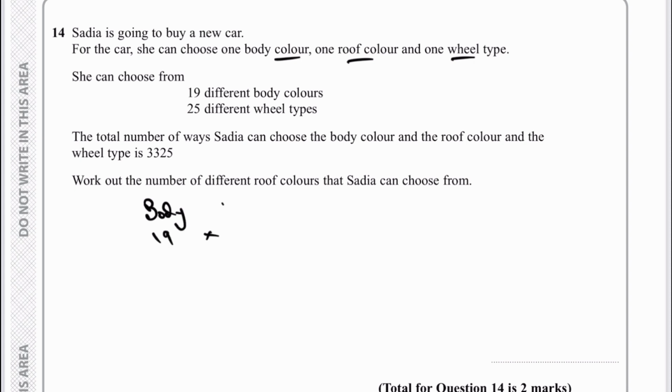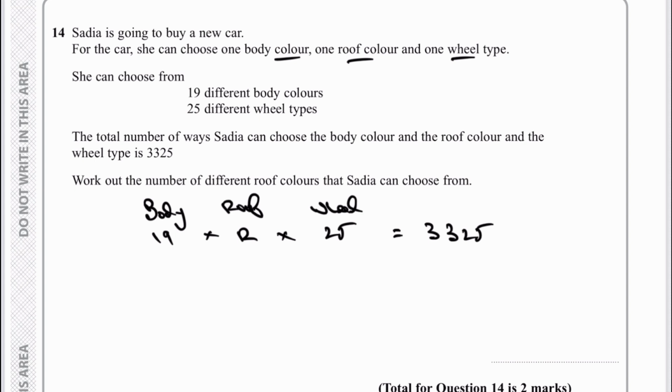The roof, well, we don't know, that's what we're being asked to find, so we'll just call it R for roof, and then it's going to be multiplied by the wheel type, which is going to be 25 different types of wheels, and when she's finished with all of that she's got 3,325 different ways of colouring this particular car.